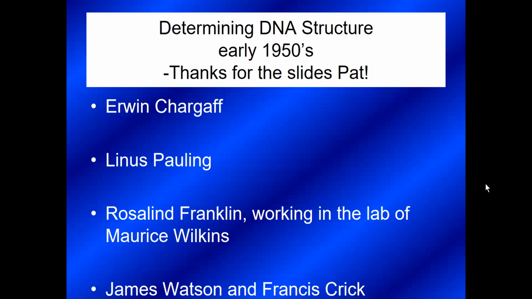There are a number of people in the early 1950s that helped determine the structure of DNA. And among those include Erwin Chargaff, Linus Pauling, Rosalind Franklin, who worked in the same laboratory setting as Maurice Wilkins, and James Watson and Francis Crick.